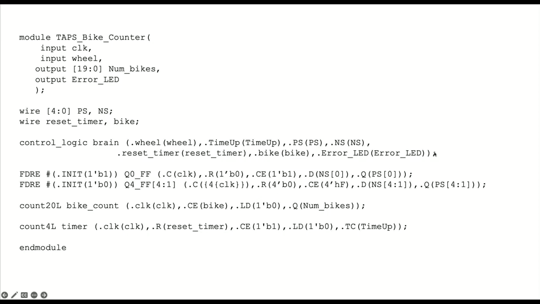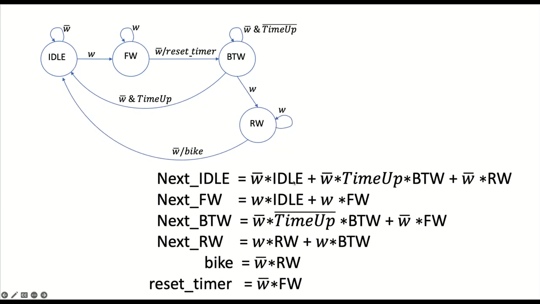Yes? Why does your first flip-flop have an init of 1'b1? So this is a parameter that allows you to say this flip-flop should wake up with a 1 on a global reset. If all my flip-flops wake up with 0, then all my flip-flops will remain 0, because if you look at the logic we created, every term here has a state.